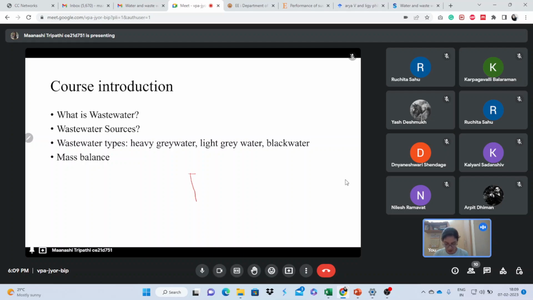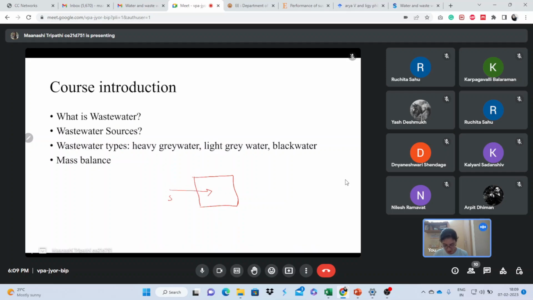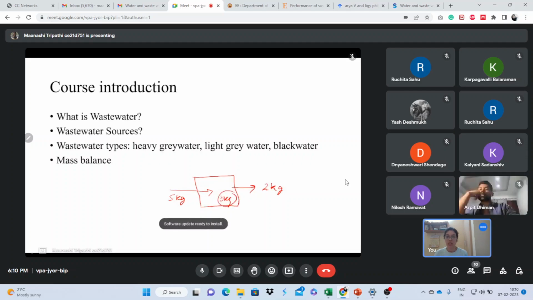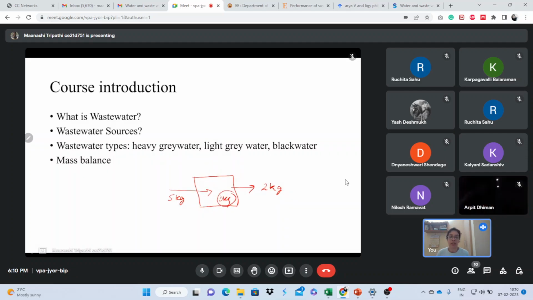If you have a particular control volume, and something is coming inside, let's say 5 kg, and 2 kg is going outside, so what is happening to this 3 kg? This is very important. This is where we learn about mass balance. What can happen to this 3 kg?